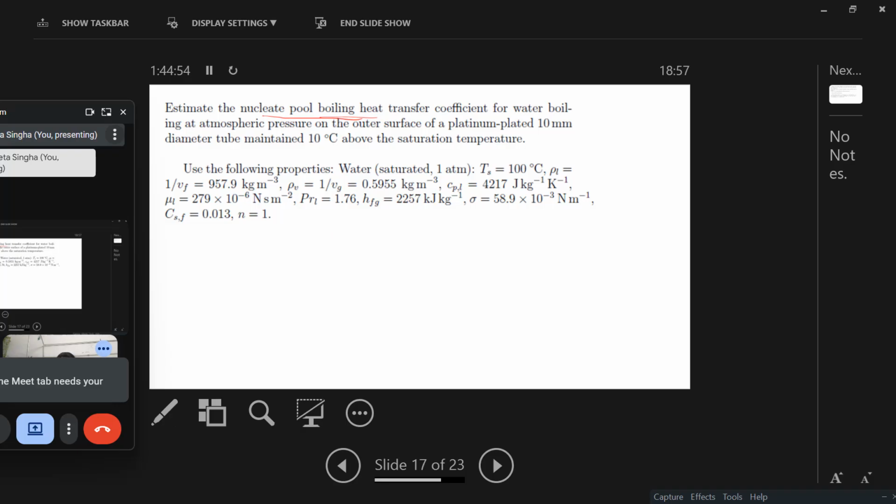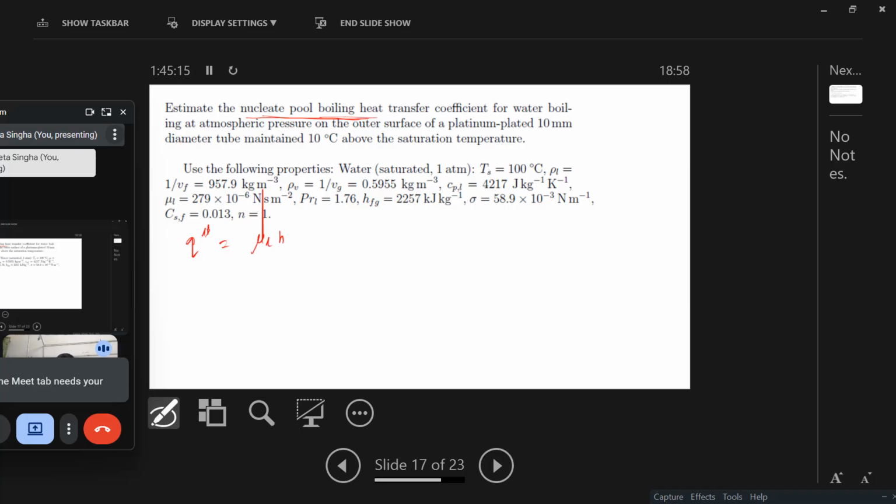So what was that? Q was equal to, for nucleate pool boiling, we use that equation.